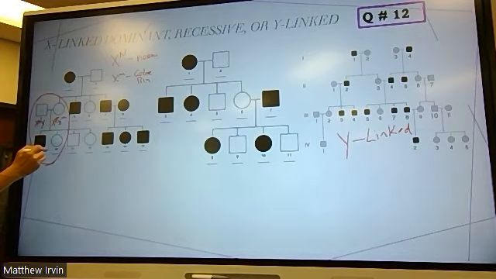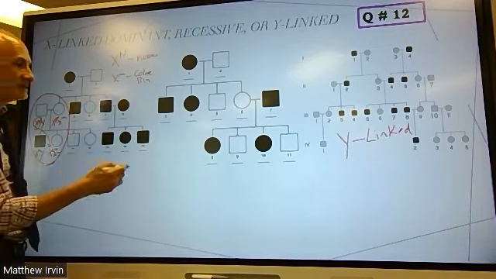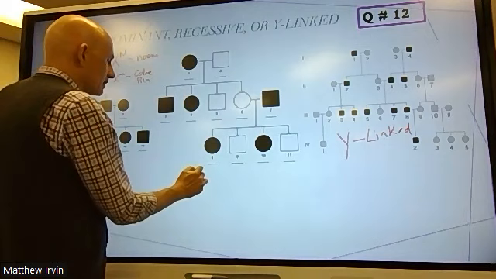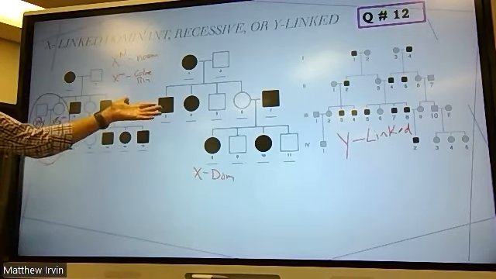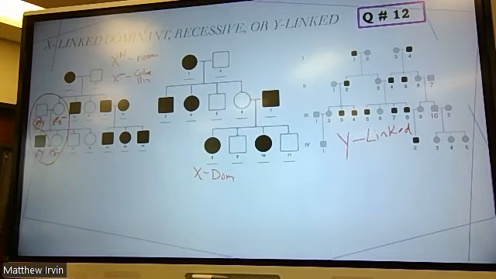She doesn't have it because she has a big N to cancel it. And so this daughter is going to have X big N from her dad, and then she'll have X something because we don't know what she's gotten from her mom. It could be X big N, she'd still be normal, or X little n, she'd still be normal. So that means that this one is our X-linked dominant trait. And so if you look at this, you can't really distinguish it from a regular dominance pattern.